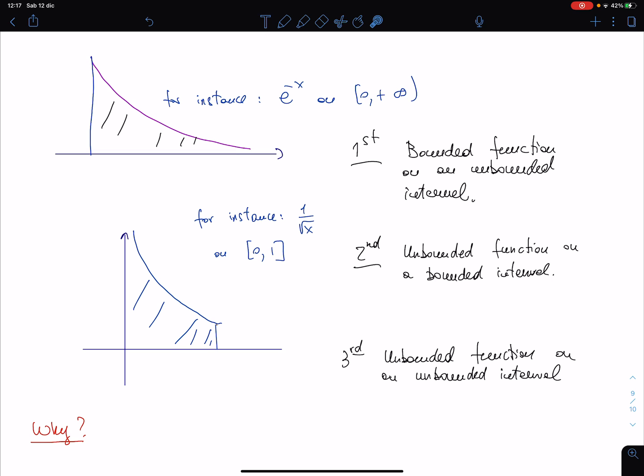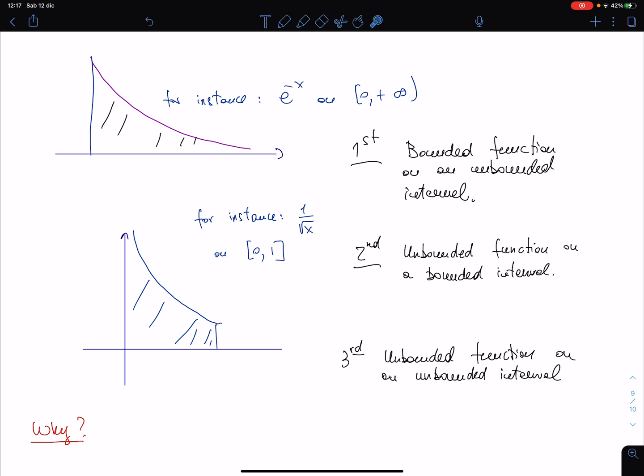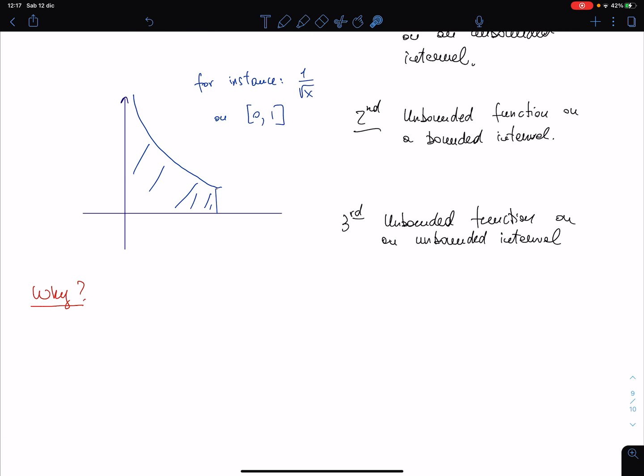It is possible to associate a finite area to some, not all, unbounded regions. You can easily see how to do it, but we will see it in the next lecture. This is just a sort of conceptual introduction.